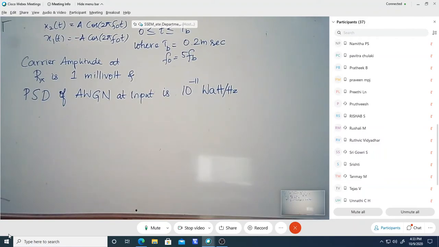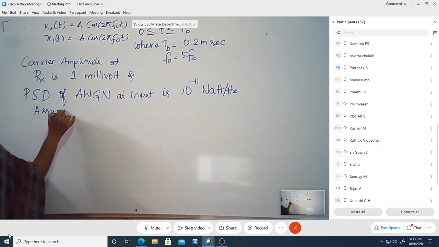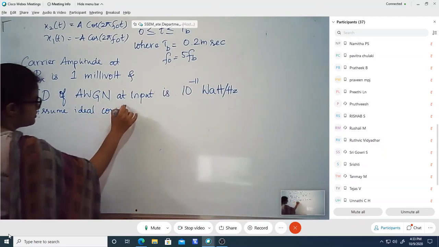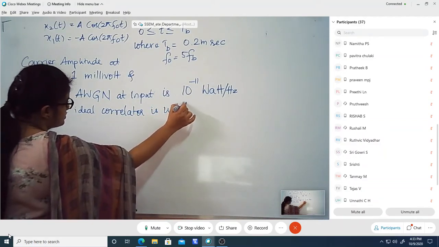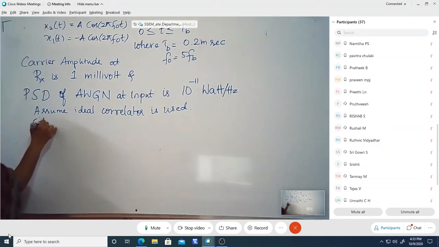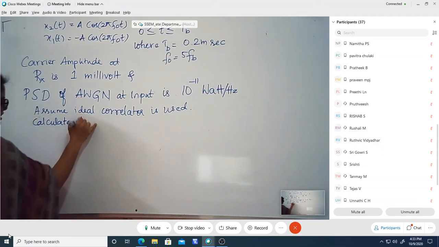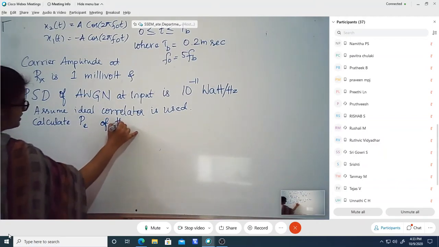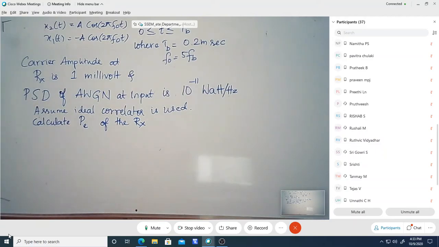Assume an ideal correlator is used. Calculate the probability of error of the receiver. Calculate the probability of error of the receiver.